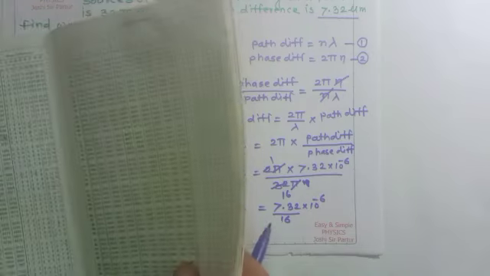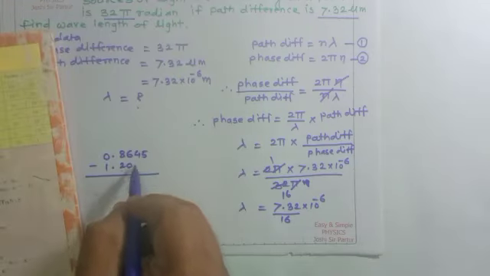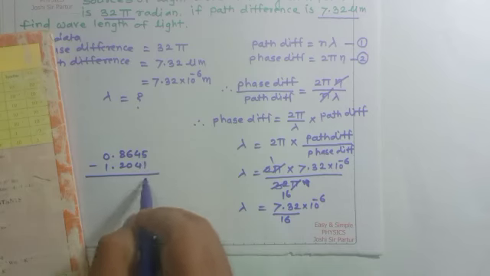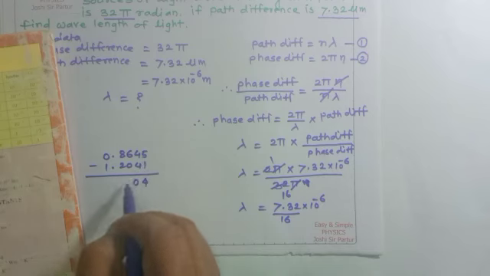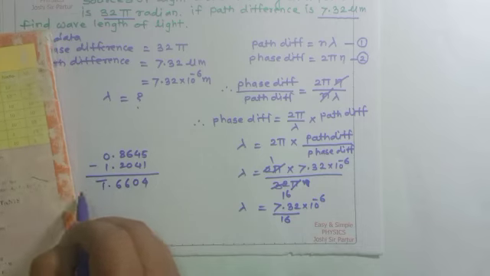Again, 16 gives 2041. So 4 is remaining, 0, 6, 6, and bar 1 is given.